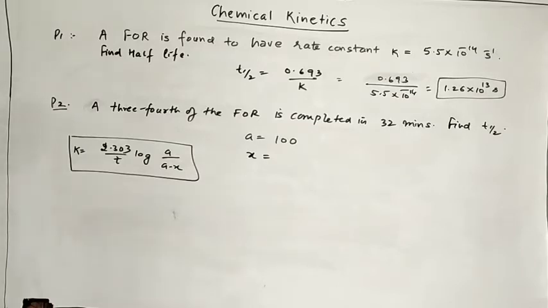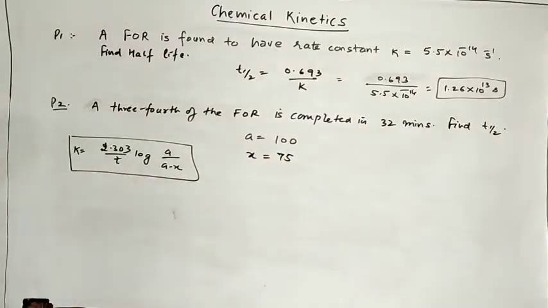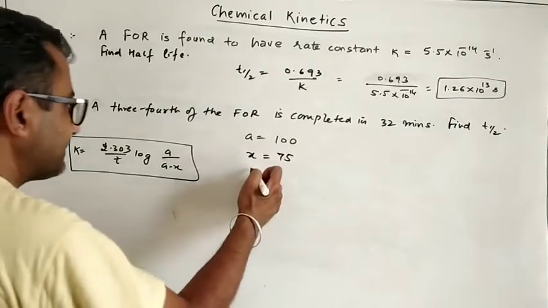So X is 75. What is A minus X? That is your 25.